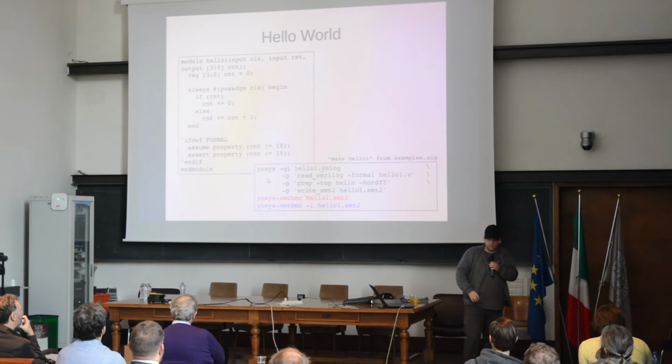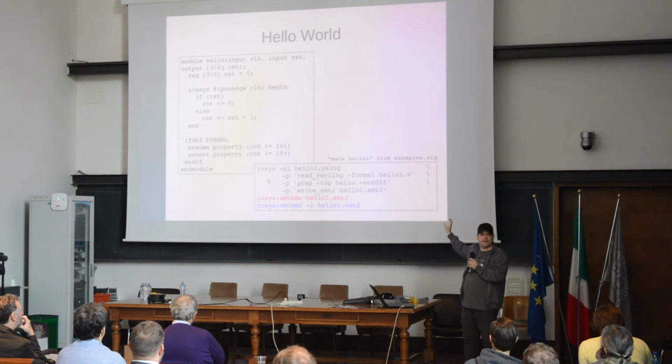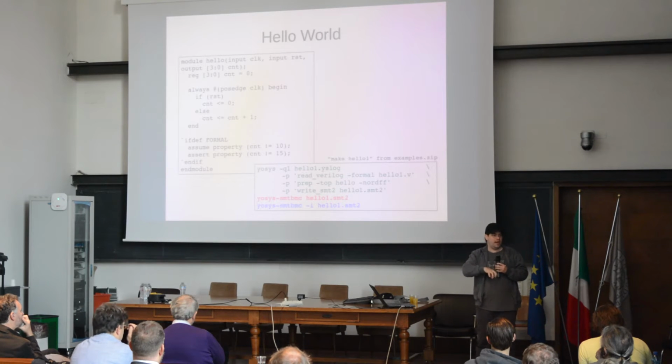And here in the lower right, we see the commands that are needed to prove this. First, we use Yosys to synthesize this design into an SMT2 file. This is not a complete SMT2 input file, it's just a fragment that represents the design in the SMT2 language.